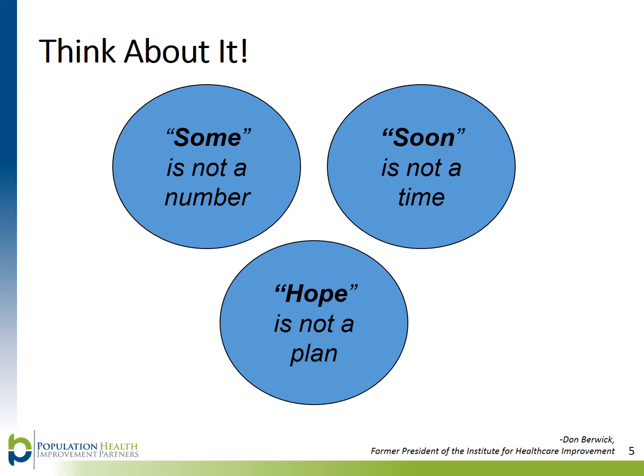Words like some, soon, and hope will not create an optimal, precise plan to reach your goals. Using specific dates, timeframes, numbers, and thoughtful plans helps convey your goals to others. So remember to be very purposeful when you're composing your aim statement.